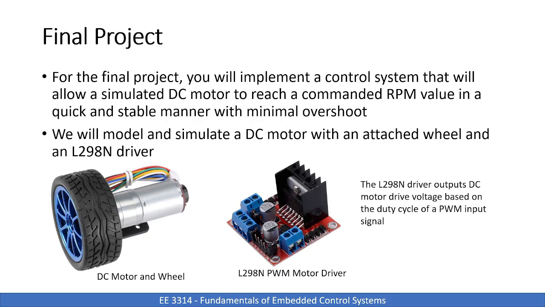Okay, so for your final project, you'll be implementing a control system in the microcontroller that will allow a simulated DC motor to reach a commanded RPM value in a quick and stable manner with minimal overshoot. Since we don't really have a lab, or it's hard to deal with actual hardware, we're going to simulate the transfer function of a motor and driver in the microcontroller and then wrap a control system around that.